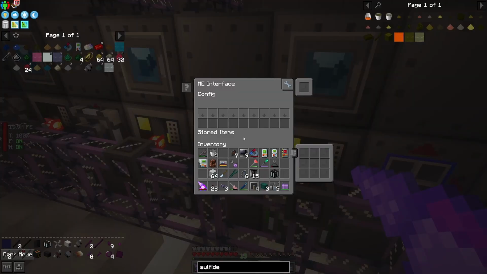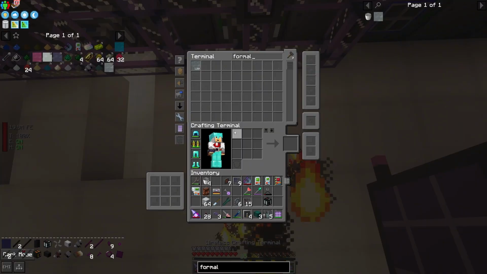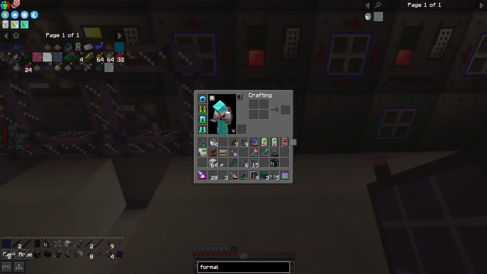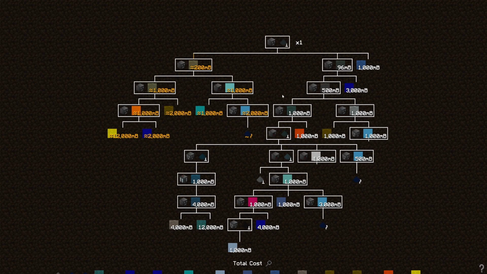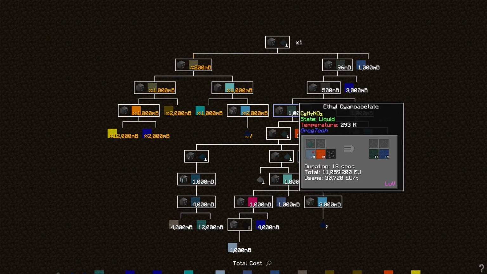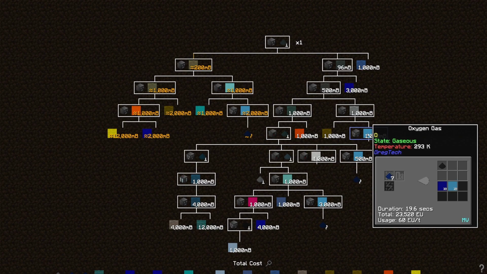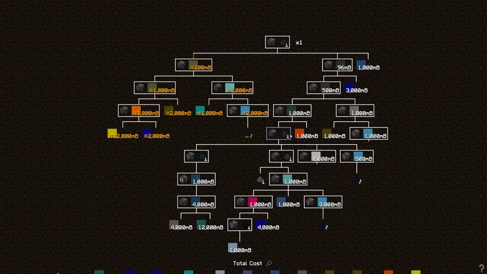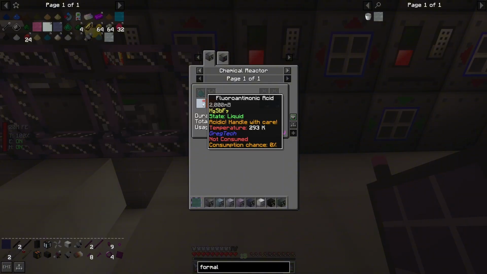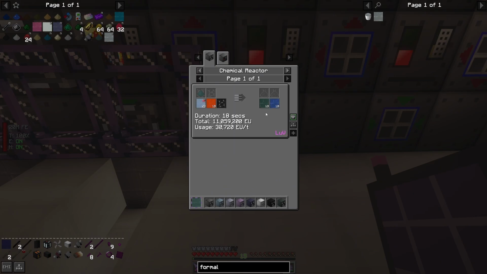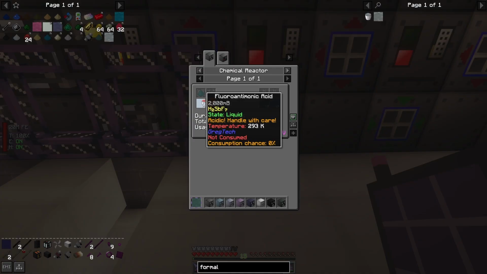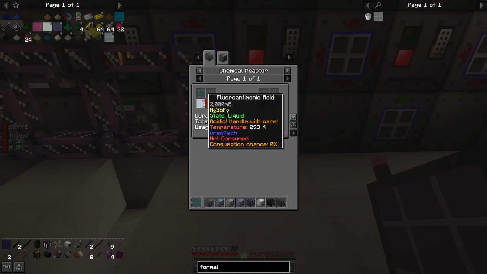Did I get the formaldehyde? Yes, okay, we have that. Now, the fluoroantimonic acid. Thankfully, we don't need to worry about having a large demand of that.